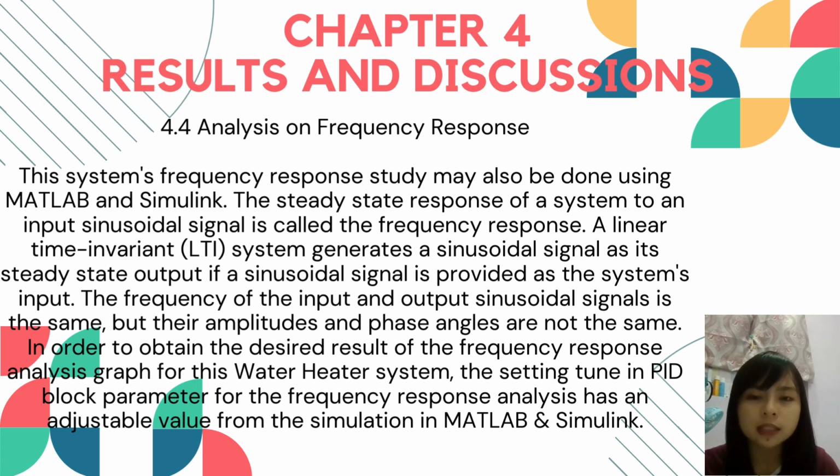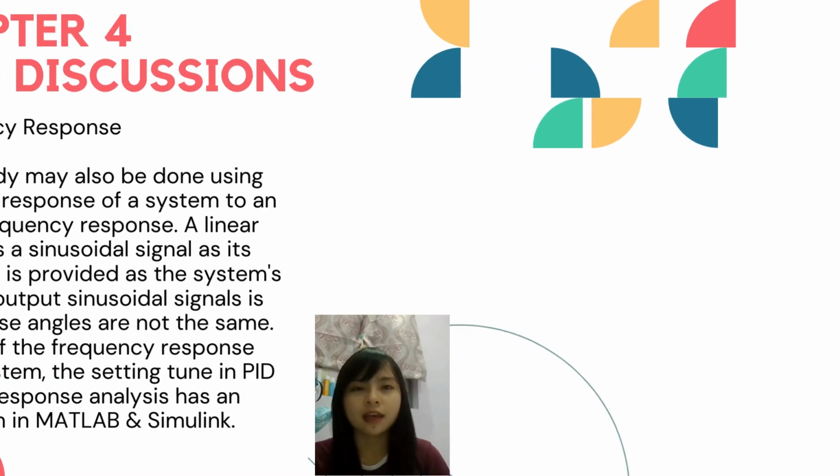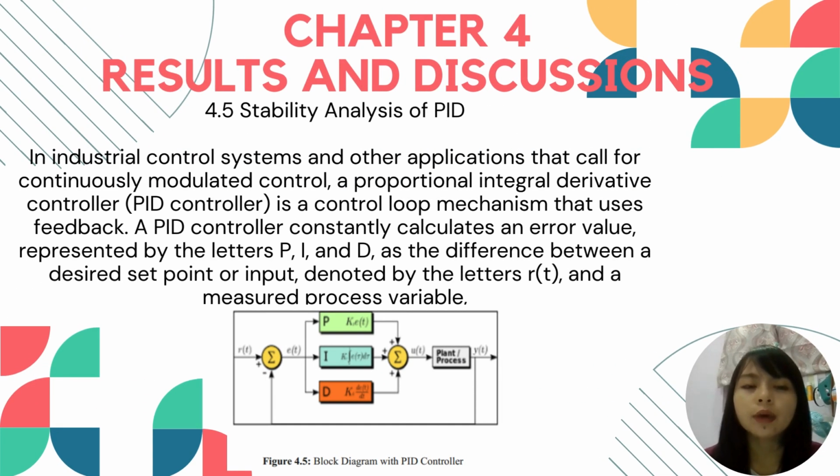And the last part of our chapter 4 result and discussion is 4.5, stability analysis of PID, used in industrial control systems and other applications that call for continuously modulated control. A proportional integral derivative controller, or PID controller, is a control loop mechanism that uses feedback.